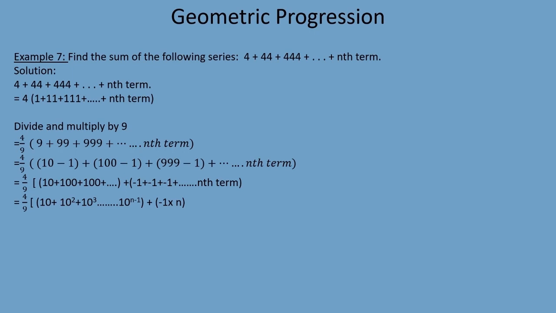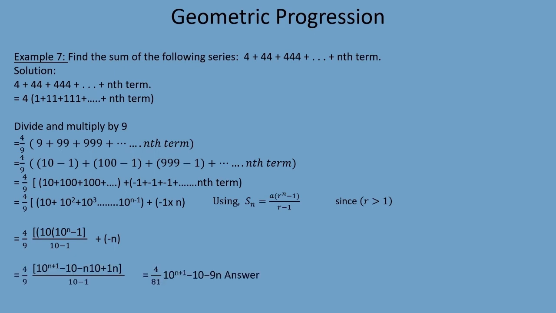This is in GP form where a is equal to 10, r is equal to 10 and the number of terms is n. Using this formula, since r is greater than 1, we get S is equal to 4 by 9 multiplied by (10 plus 10 square plus 10 cube, up to n terms) plus (minus 1, n times).